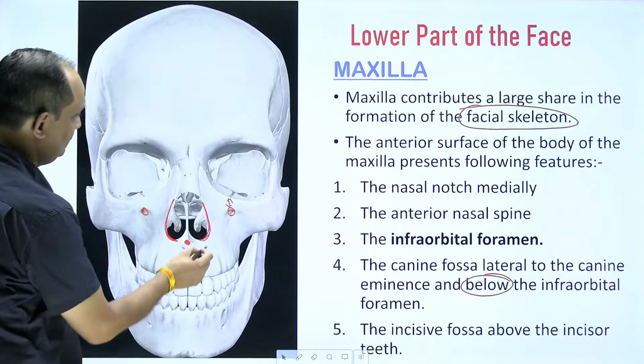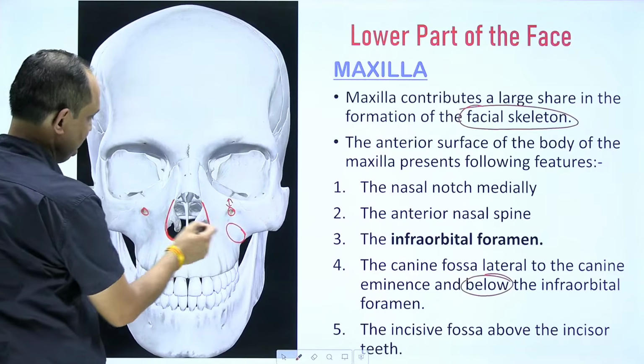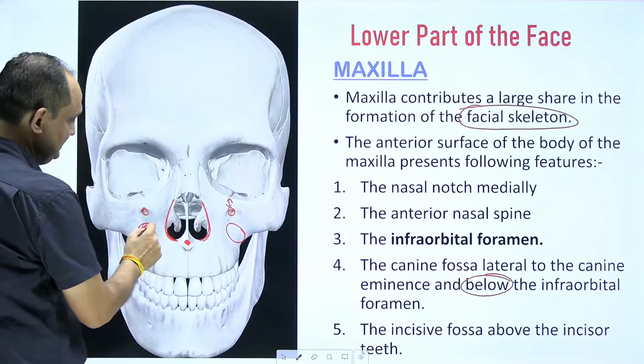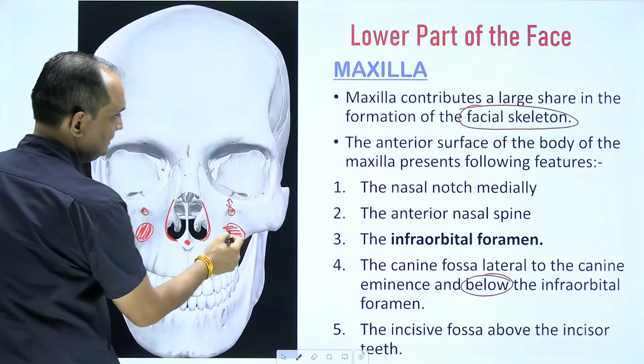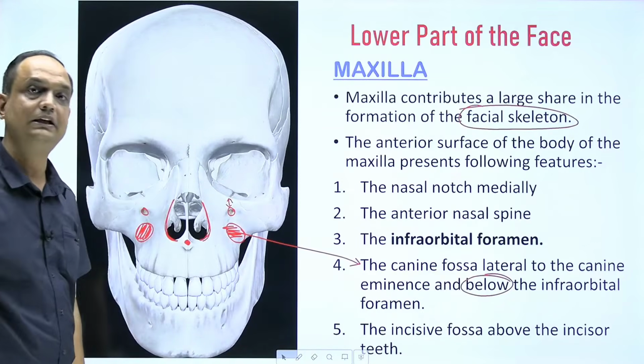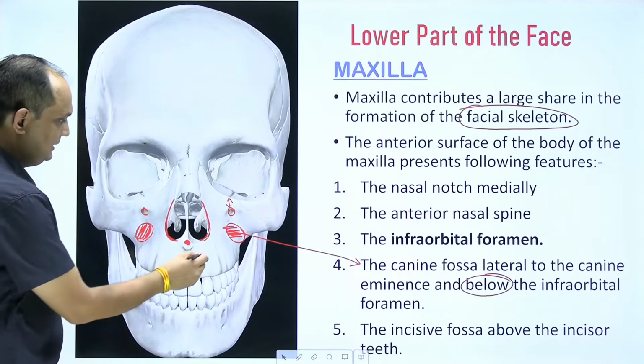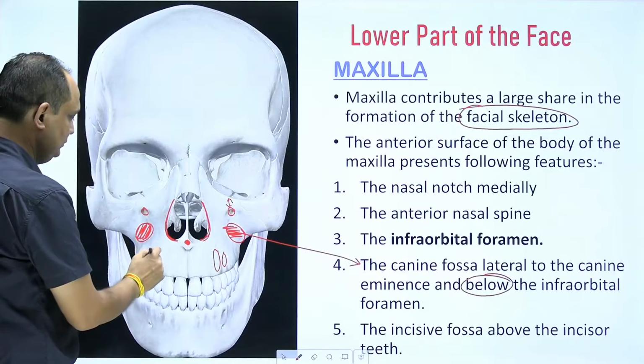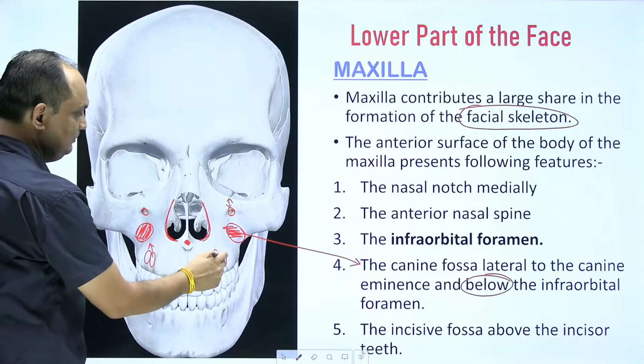So, below the infraorbital foramen, you will find depressions on both sides of the maxillae, and these depressions are known as the canine fossa, and they are just lateral to the eminence of the canine tooth, which is known as the canine eminence.